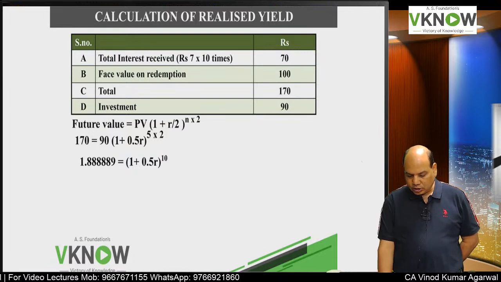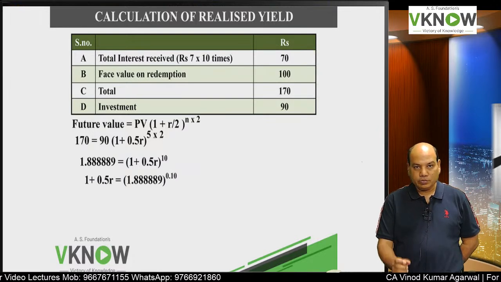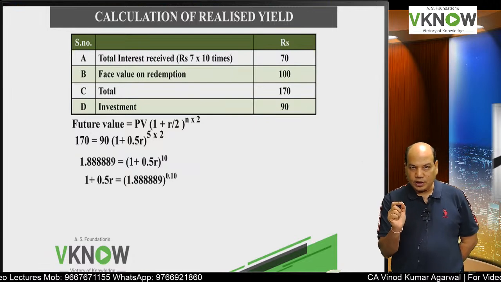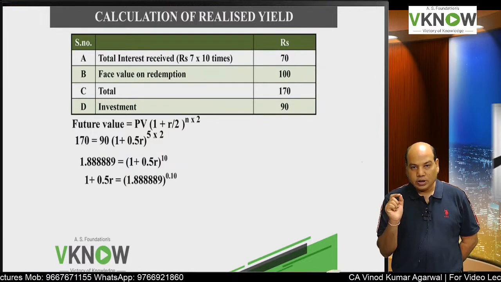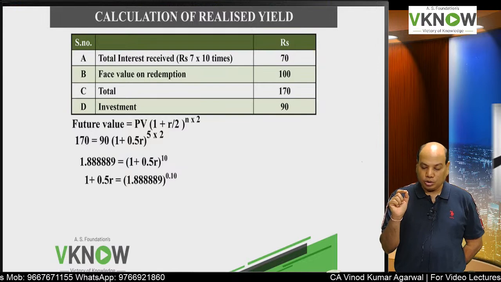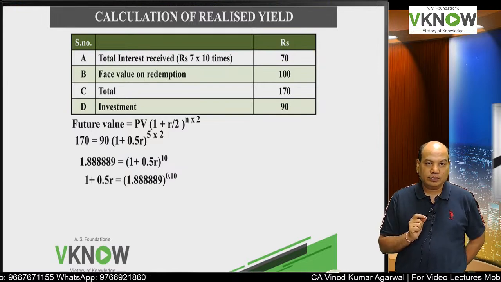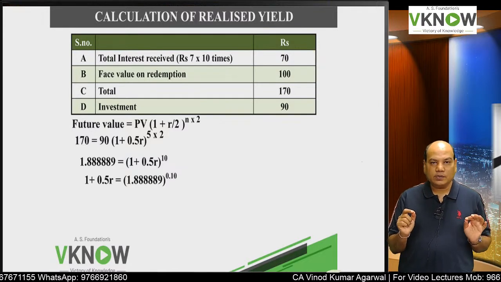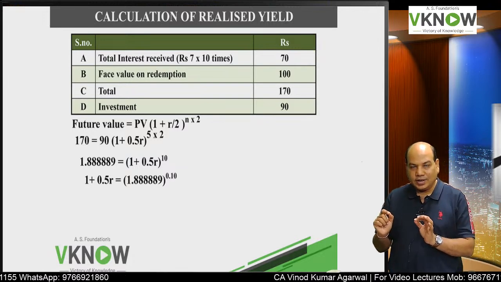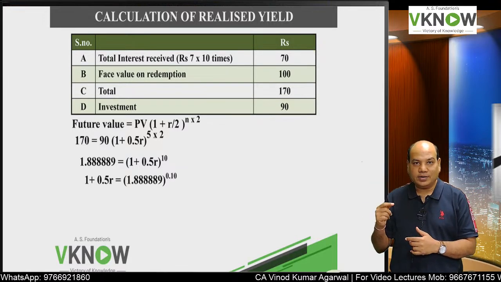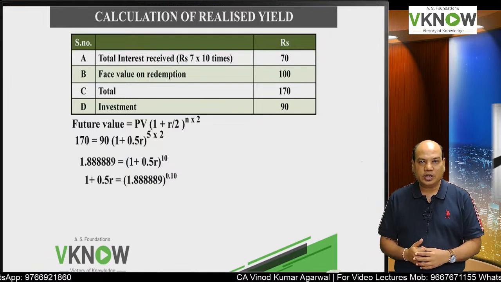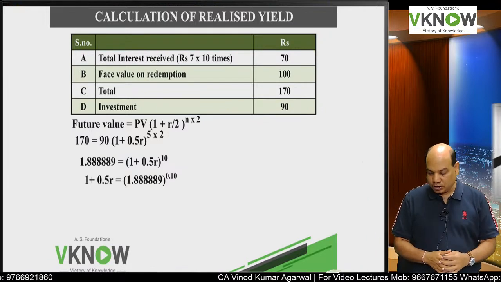Can you further simplify this? 1 plus 0.5 r will be equal to 10th root of 1.88889. So 1 plus 0.5 r will be equal to 1.88889 to the power 1 by 10, and 1 by 10 means 0.10.